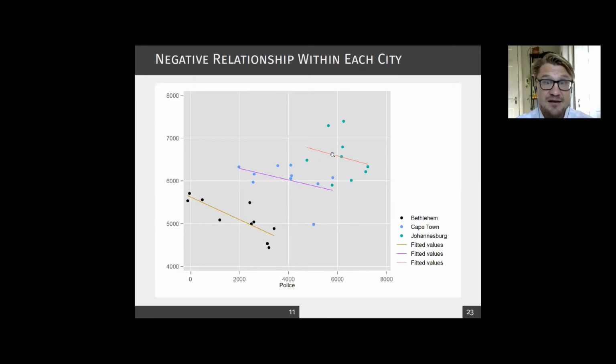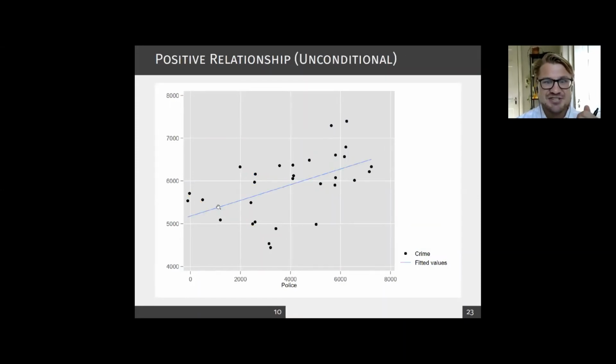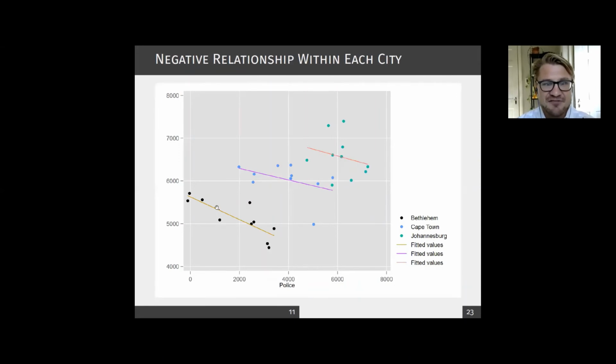But within each city, there's this negative relationship. And this is again the kind of intuition of omitted variable bias, right? A positive relationship, which is hiding a negative relationship for every single city.